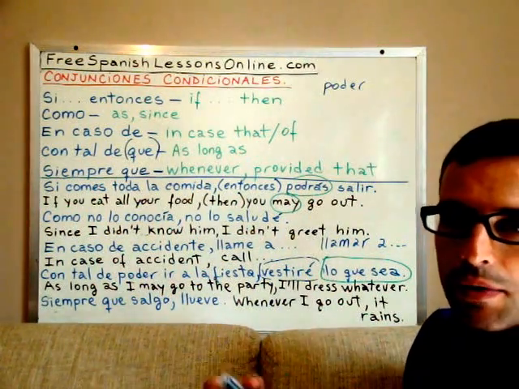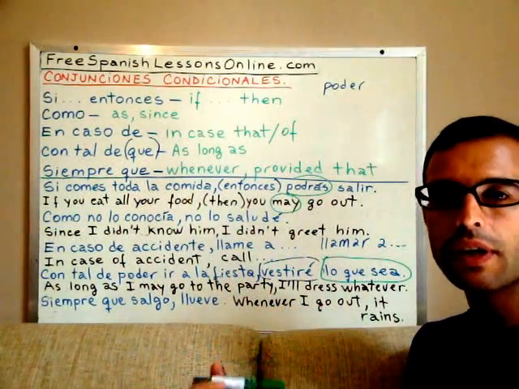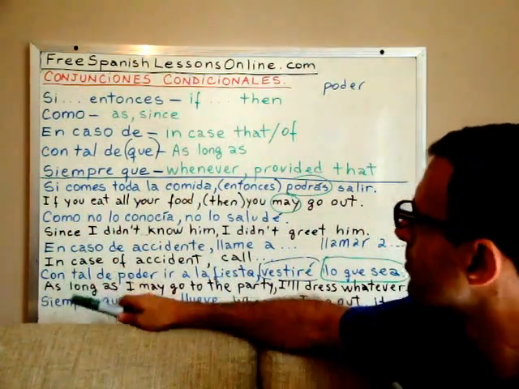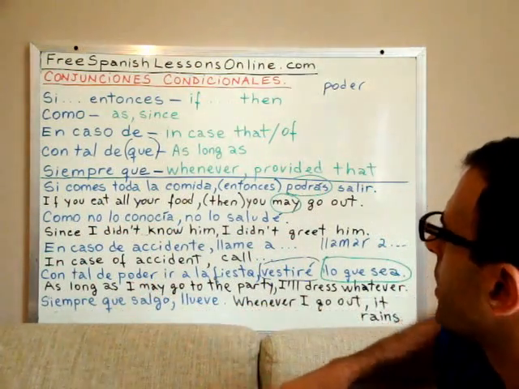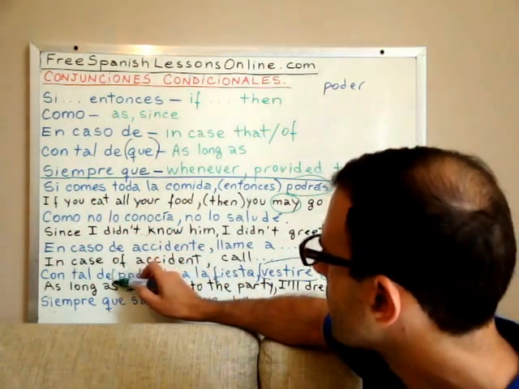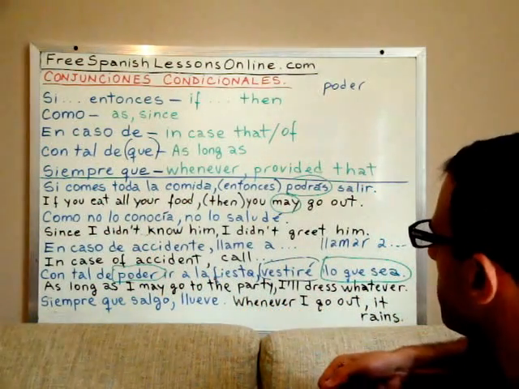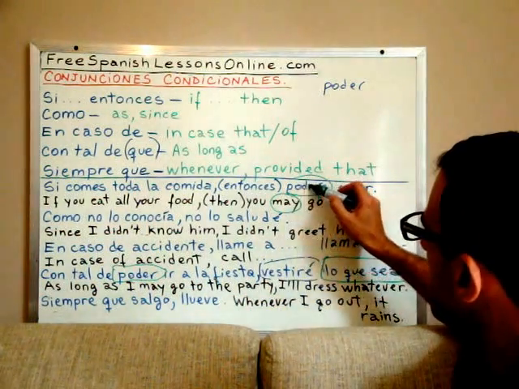So as long as I can go to the party, I'll wear whatever I have to wear, right? So here you can see poder means to can or to may, right? Same as here.